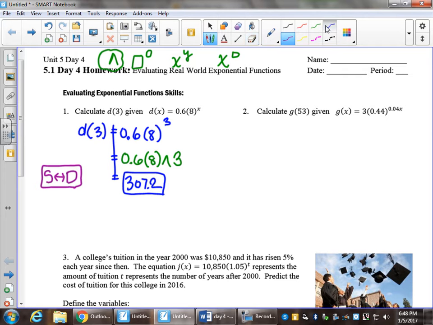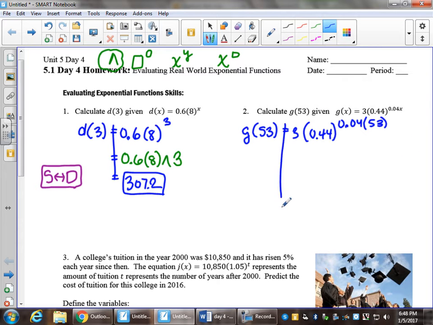Number 2, calculate g of 53. Again, I'm given a function, so let's plug it in. G of 53 equals 3 parentheses 0.44 to the 0.04 times 53.